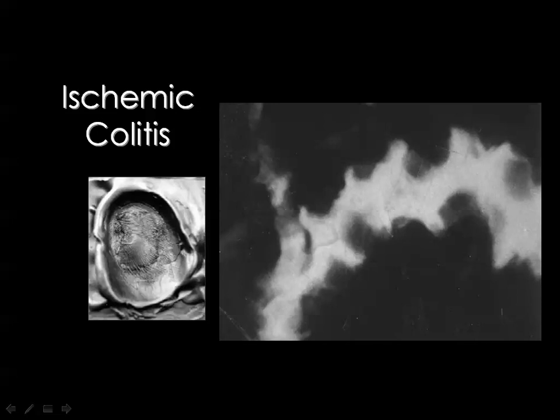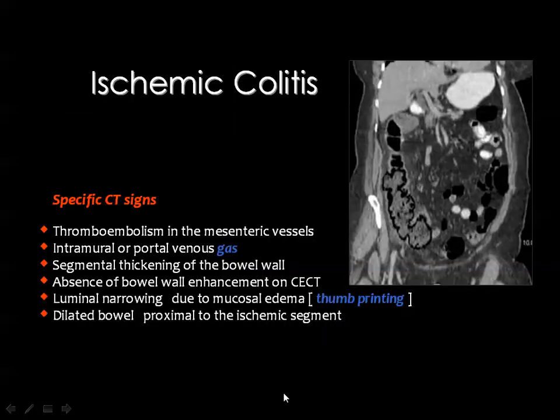to ischemia. And you remember that thumb printing is seen in other diseases of the colon, like pseudomembranous colitis, but you should remember that for the diagnosis of ischemia, you should have positive clinical and radiological data of compromise of the blood supply.